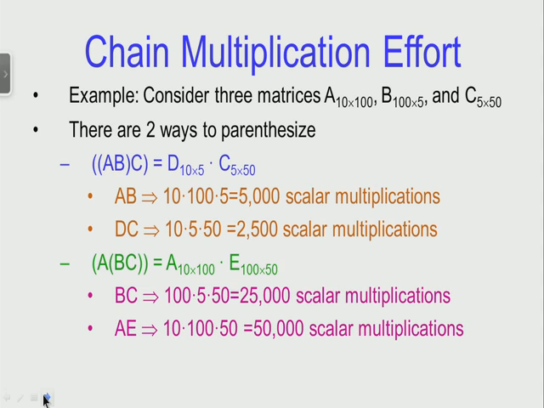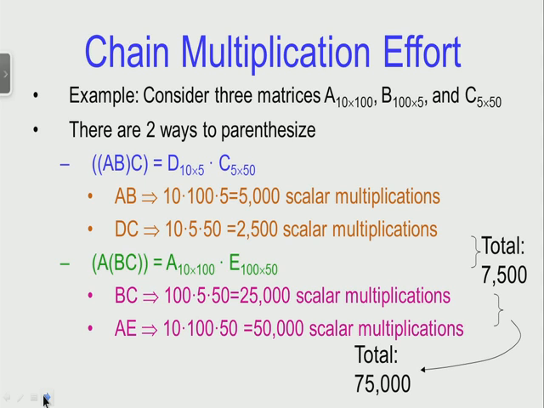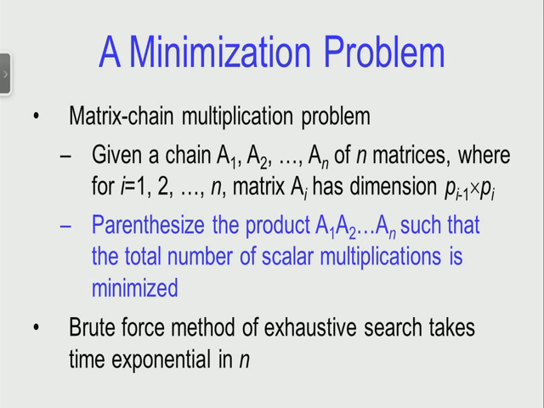The subsequent product of A and E takes 50,000 scalar multiplications, and therefore we can already see that the first parenthesization uses only 7500 scalar multiplications, but the second parenthesization uses 10 times more, that is, it uses 75,000 scalar multiplications. Clearly, from an efficiency point of view, the first parenthesization is more preferred than the second.